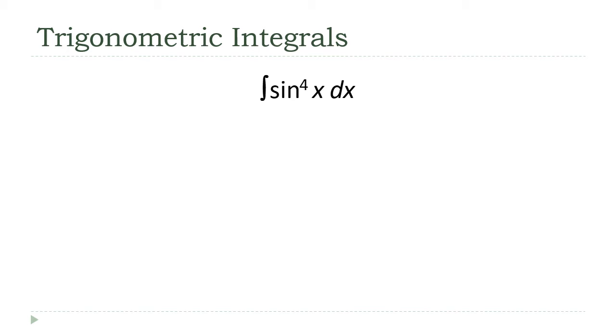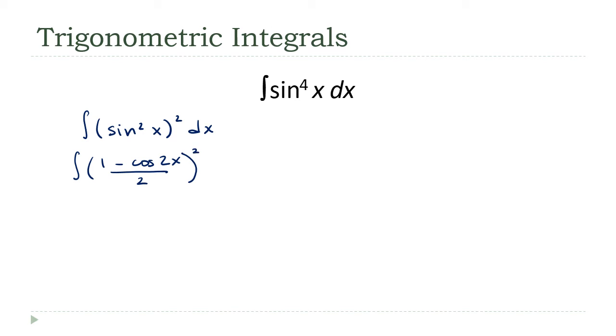I'm going to rewrite this as the integral of sine squared x squared dx. And I'm going to use another trig formula. I'm going to make this the integral of 1 minus cosine 2x over 2 squared dx.